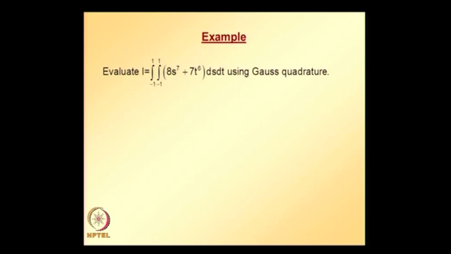And before we proceed, we see the integrand: the highest order along s direction is 7, and the highest order of this integrand along t direction is 6. So, 2n minus 1 is equal to 7 gives n equal to 4, and 2n minus 1 equal to 6 results in n equal to 3.5, or 4.